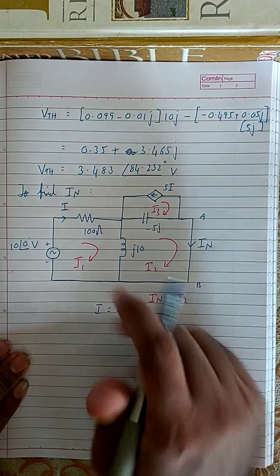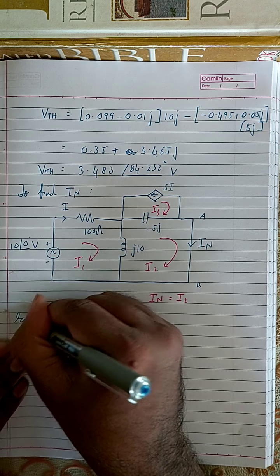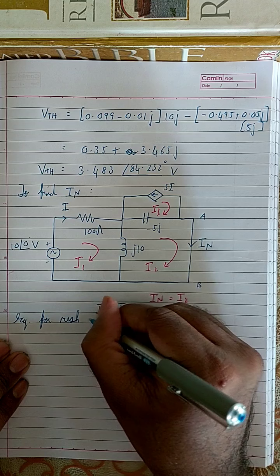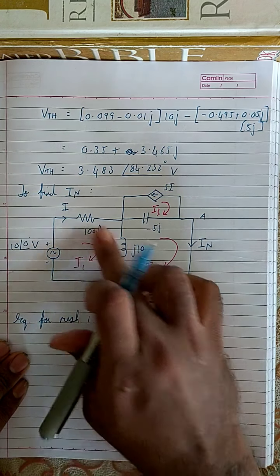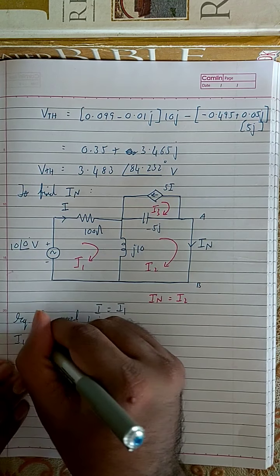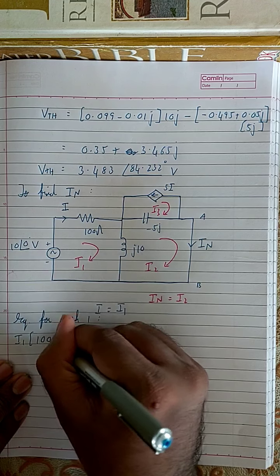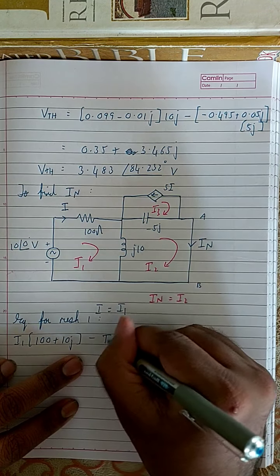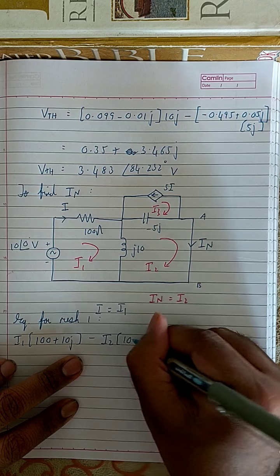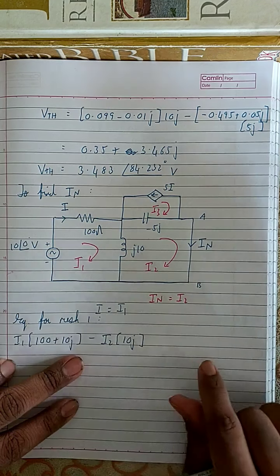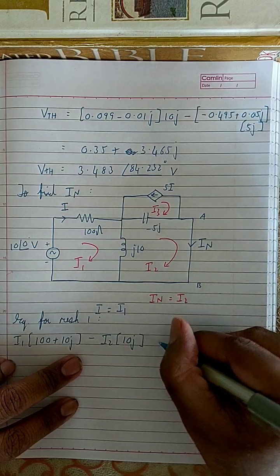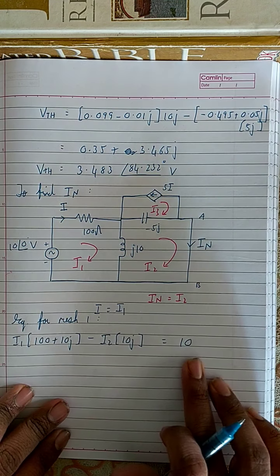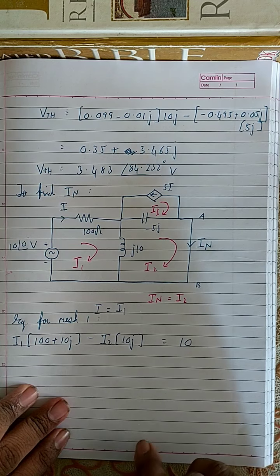Now I write the equation for mesh 1. The equation for mesh 1 is I1 into (100 plus 10j), minus I2 into 10j, is equal to 10. This is the equation for mesh 1, right?